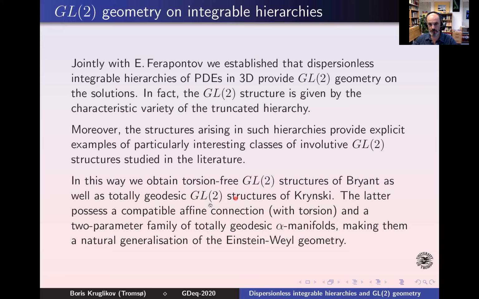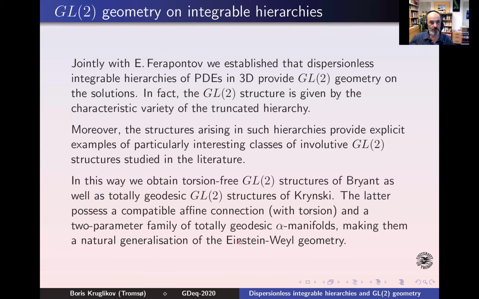So in dimension 3 this becomes precisely the Cartan characterization of Einstein-Weyl geometry. So that's a generalization. And in previous work with Evgeny Ferapontov, we established that Einstein-Weyl geometry is encoding integrability of 3D dispersionless equations. So this gives a hope to see integrability in bigger dimensions.